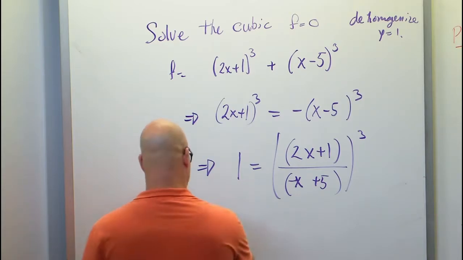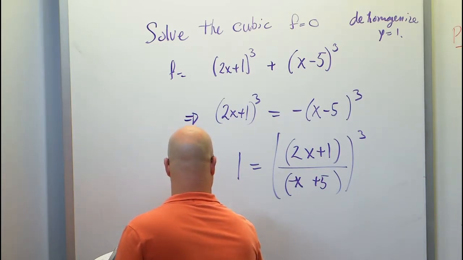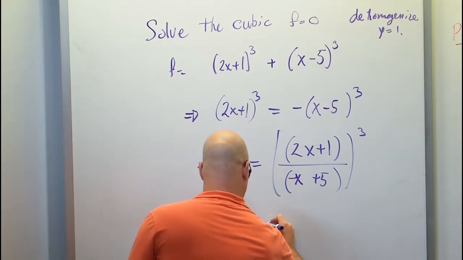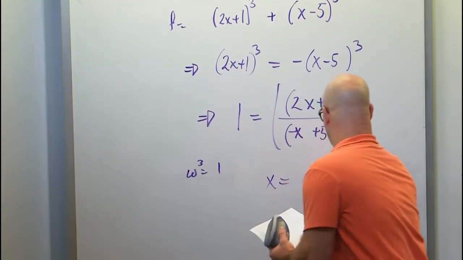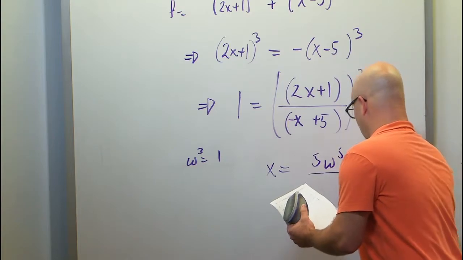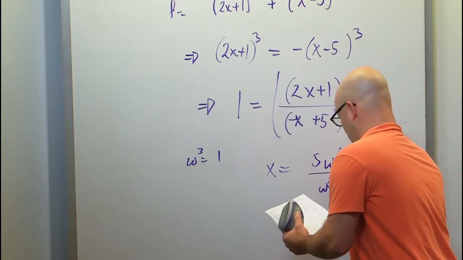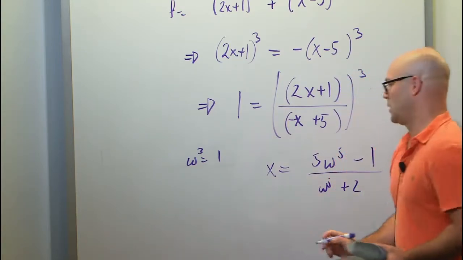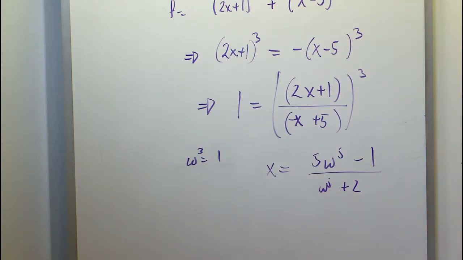Okay, so if omega cubed equals 1, then we have x equals (5 omega^j minus 1) over (omega^j plus 2). Okay, so now you know how to solve a cubic equation. There are no formulas to memorize. There's just the Sylvester algorithm to solve a cubic equation in one variable.